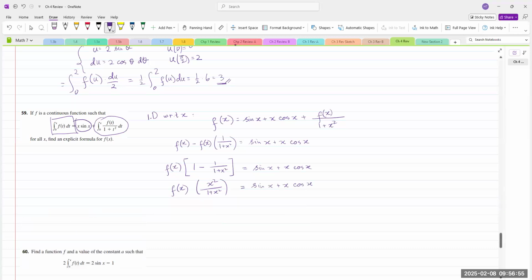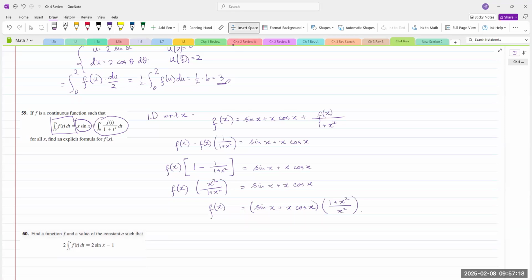Therefore, our f(x) must be this expression here times the reciprocal of that, 1 plus x squared over x squared. Okay? Now we get the explicit function of x.